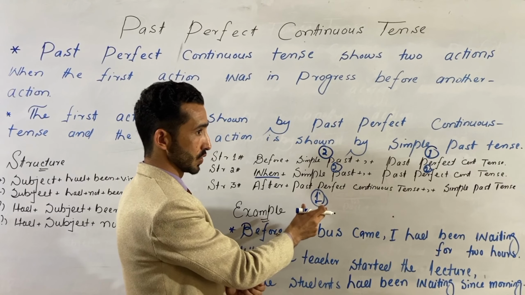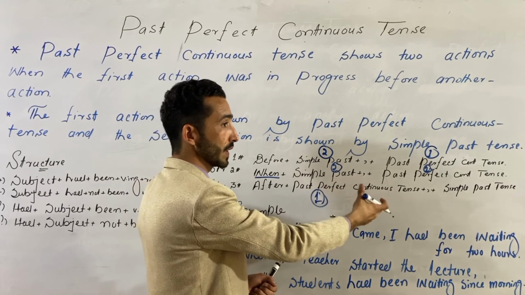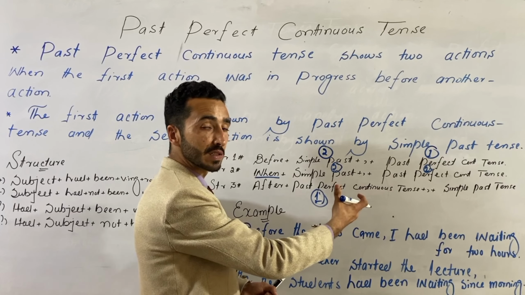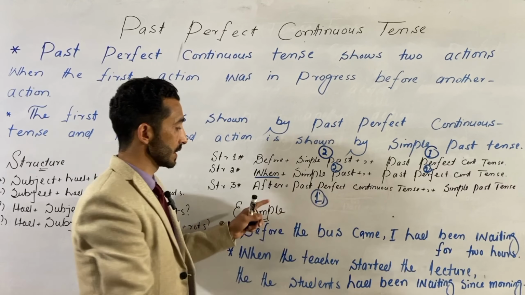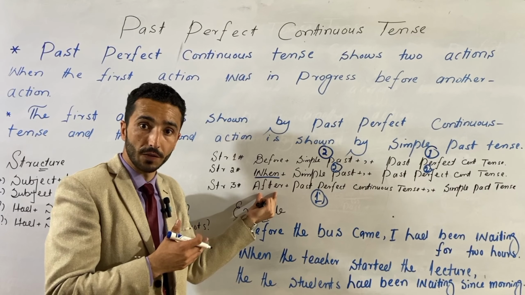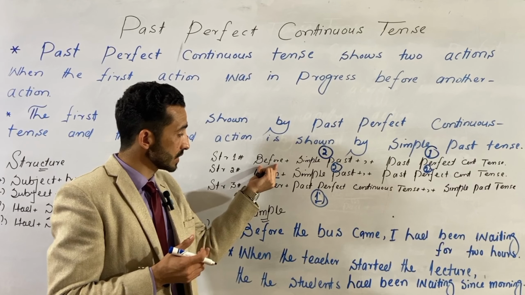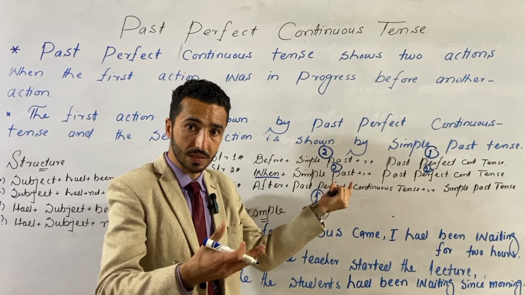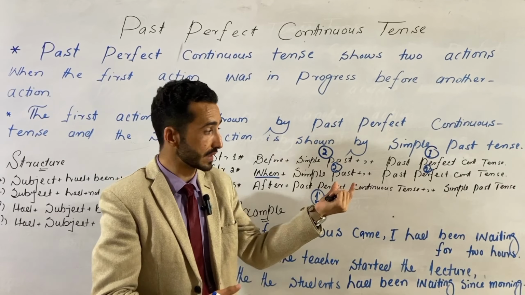We always use past perfect continuous tense and past perfect tense for the earlier action, as we studied. They are always used with the conjunctions after and before, and we always use simple past tense for the other action.